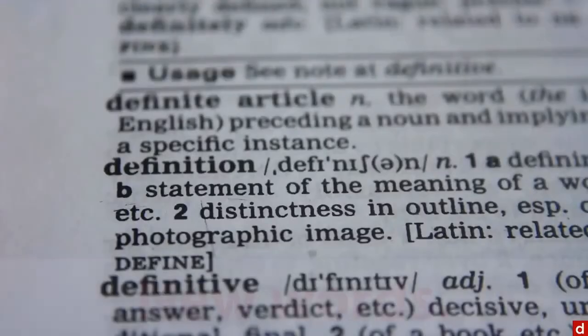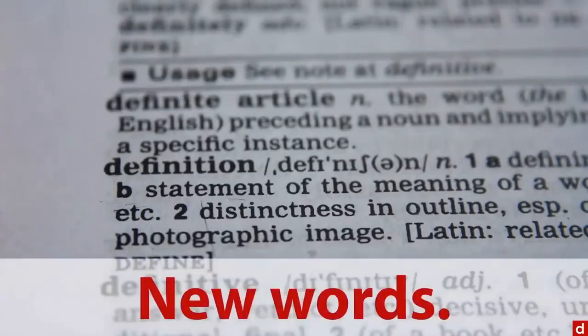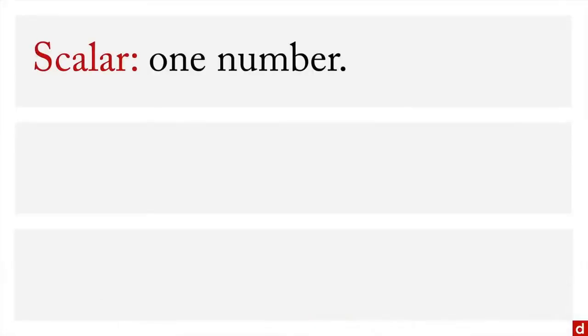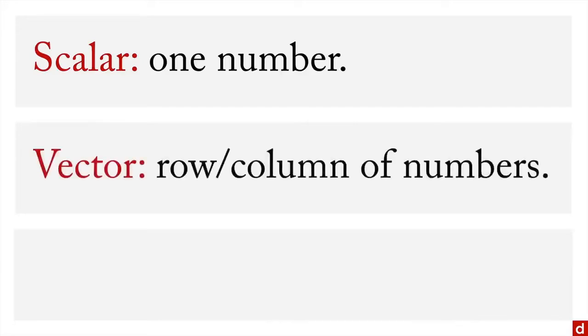Now, before we get started with matrix algebra, we need to talk about a few new words. Maybe you're familiar with them already. The first is scalar, and this means a single number. And then a vector is a single row or a single column of numbers that can be treated as a collection. That usually means a variable.